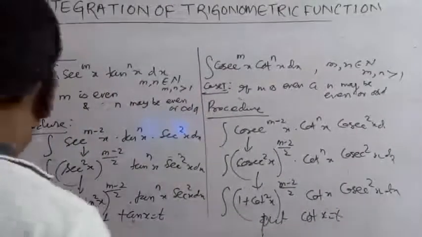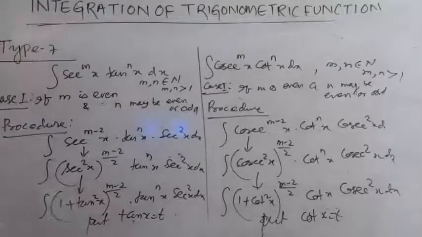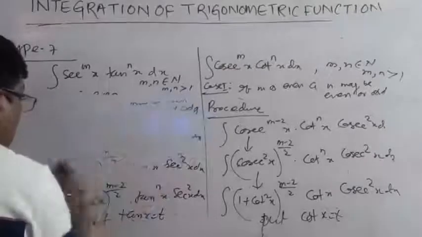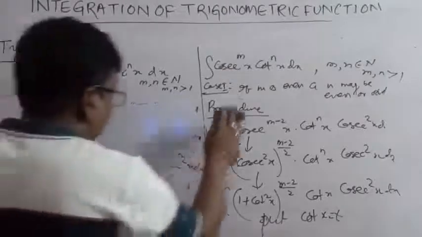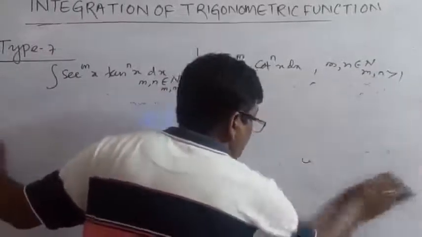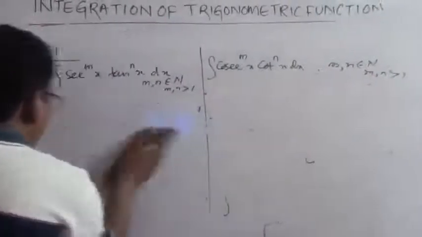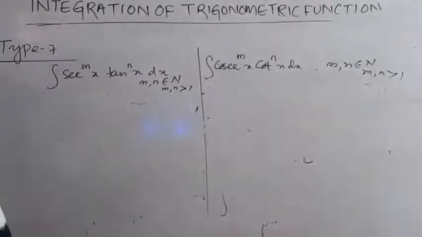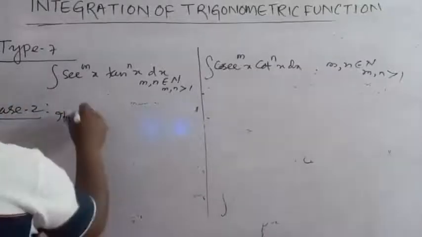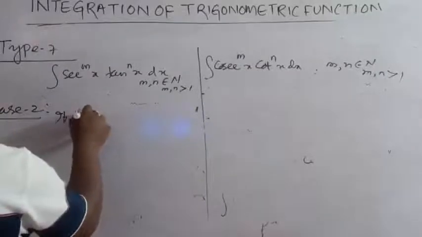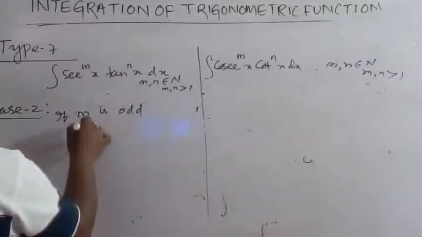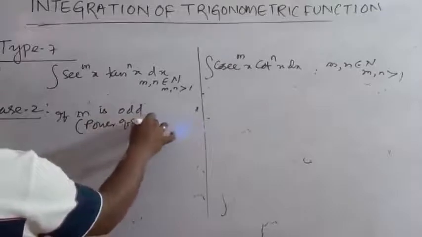Now case number 2. If m is odd, that is, power of sec x is odd.